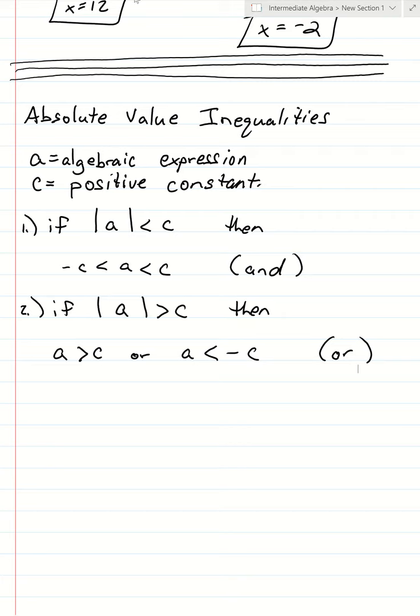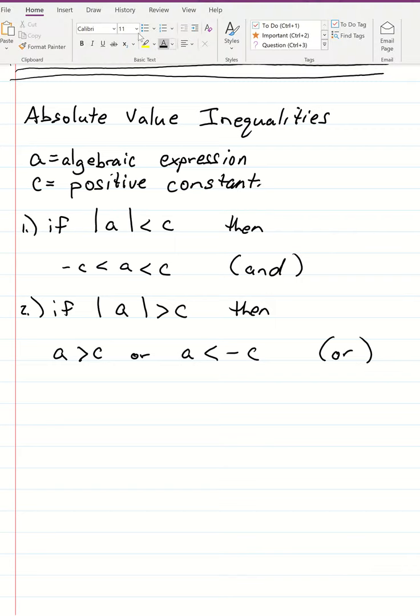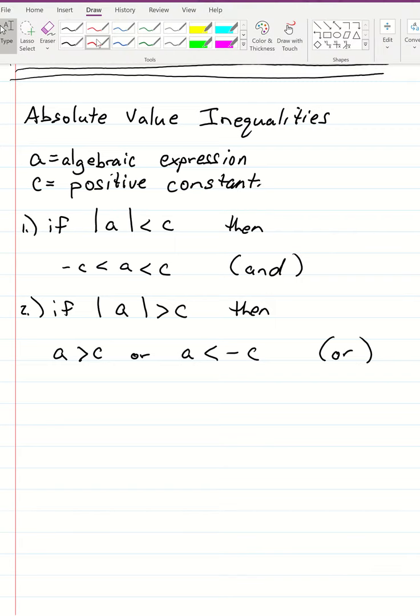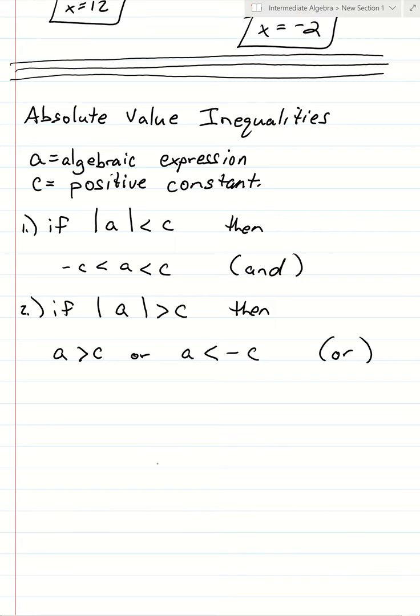Now, what if we had that or equal to symbol involved? For example, if the problem read, the absolute value of a is less than or equal to the constant, then we would have to use the or equal to symbols here as well.